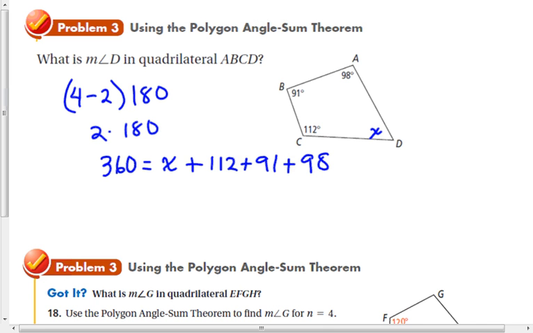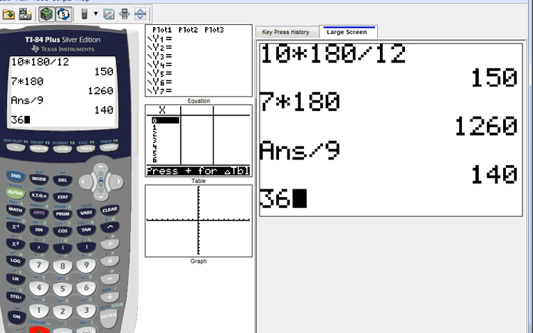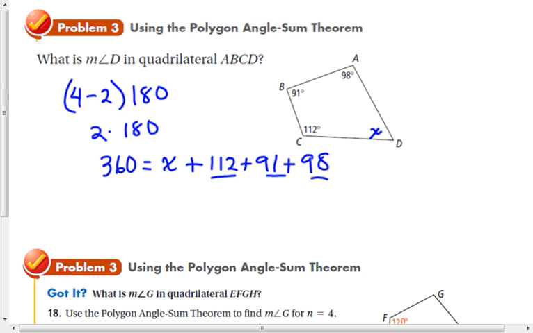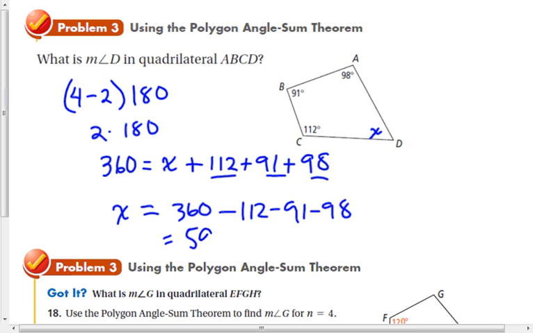So we subtract those three angles from 360, and we get that x is equal to 360 minus all those angles, which is 59. All right, let's go ahead and you try that.